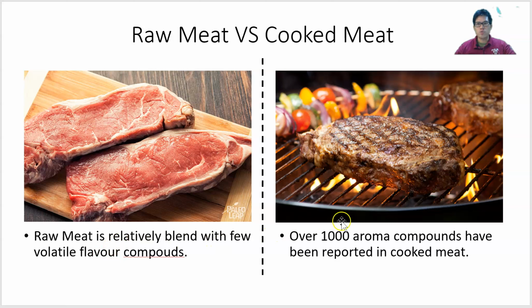But as soon as you cook it, subject to the cooking conditions that we're going to talk about later on, over 1,000 aroma compounds have been reported in cooked meats. That is when it generates the flavors for eating, for enjoyment.